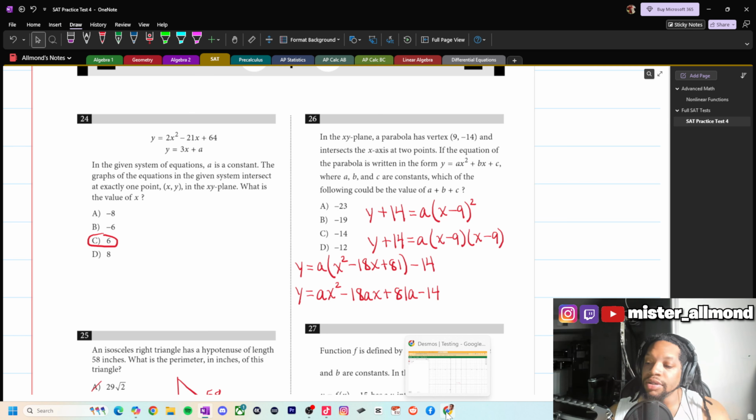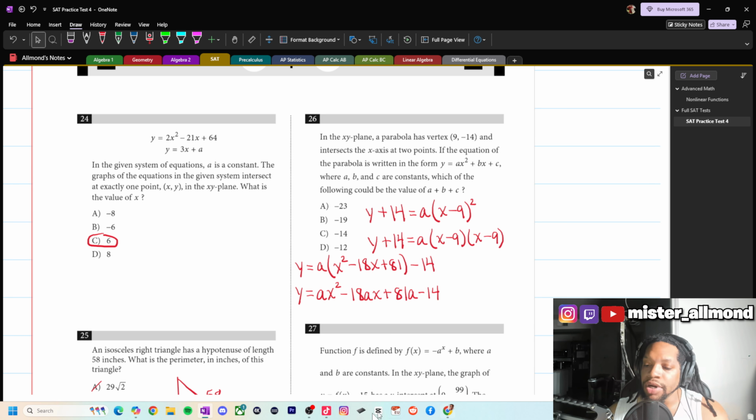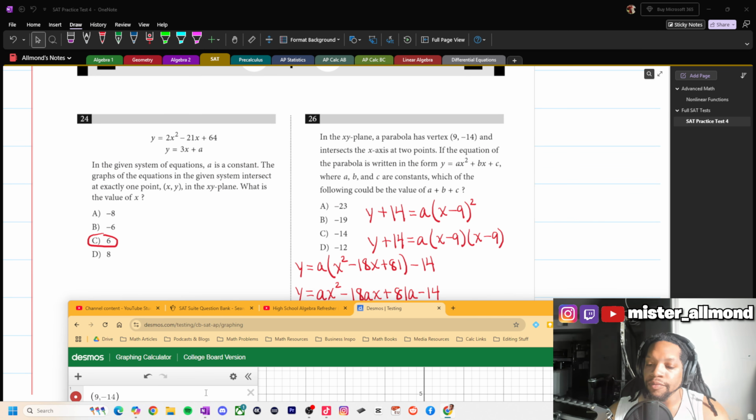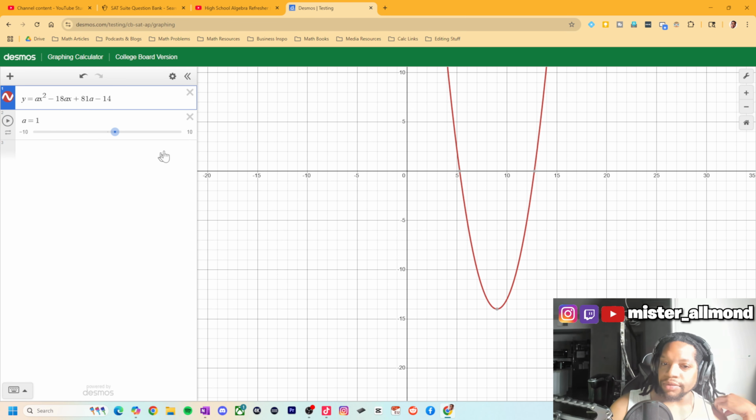I can type it in either format and then just use A as a slider. That's what I'm going to try to do. It was y equals ax squared minus 18ax plus 81a minus 14. I want to see if I can use this to get a possible value of a that works.